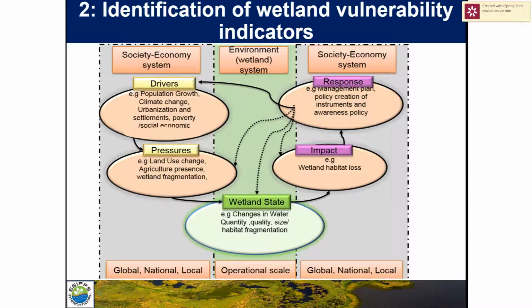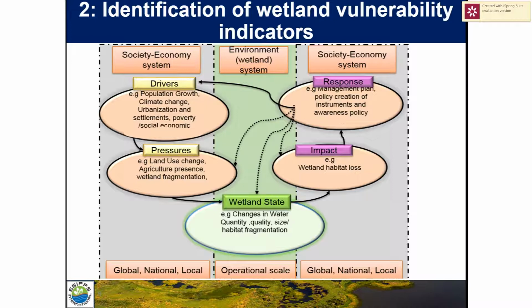And as you can see, it's a cyclic approach that is being used to assess and analyze vulnerability. But also there is a link, let's look at the responses, which has a link to the drivers, and an indirect link to pressure, state, and the impact on the wetland ecosystem.